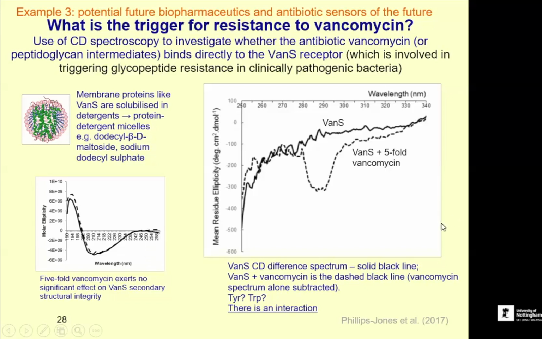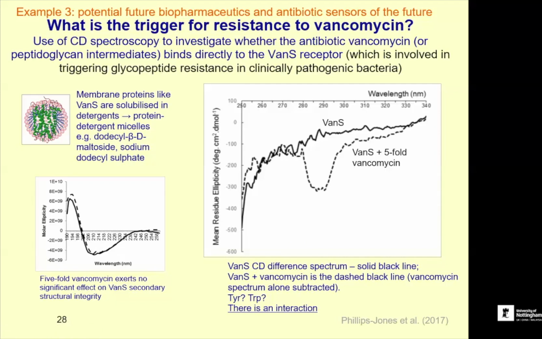Okay? Then we switched to the near UV region and repeated the experiment. This is the Van-S spectrum by itself in the near UV region, and you can see already what a dramatic change you get if it's Van-S with vancomycin.